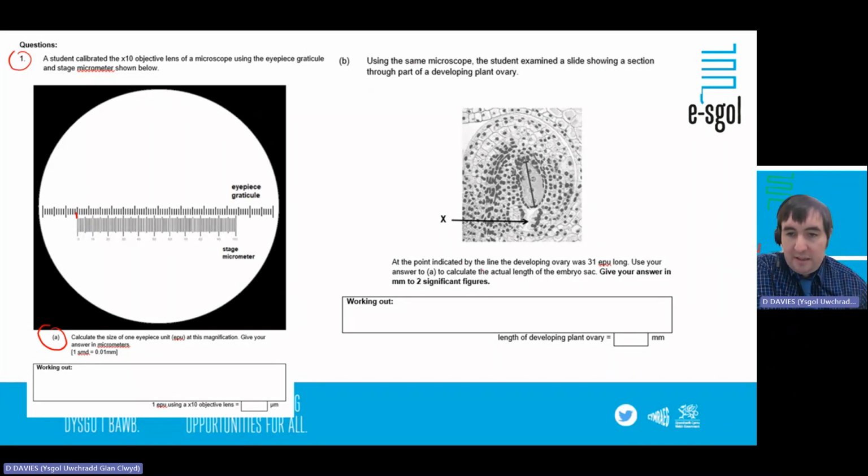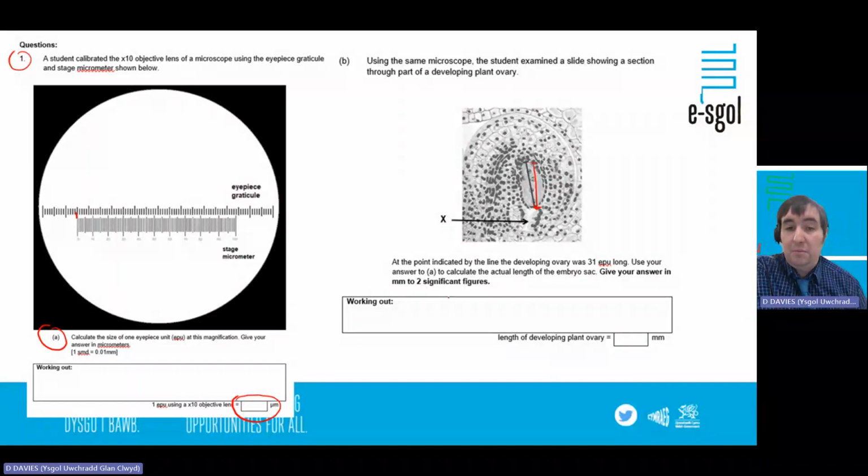At the point indicated by the line, the developing ovary was 31 EPUs, eyepiece units, long. Use your answer to calculate the actual length. Here you have calculated the value of one of those divisions, and this line here is 31 of those.